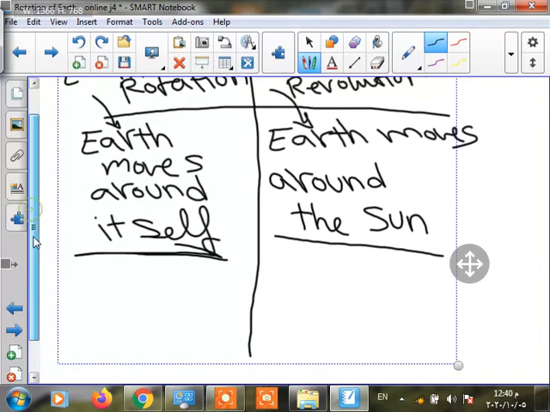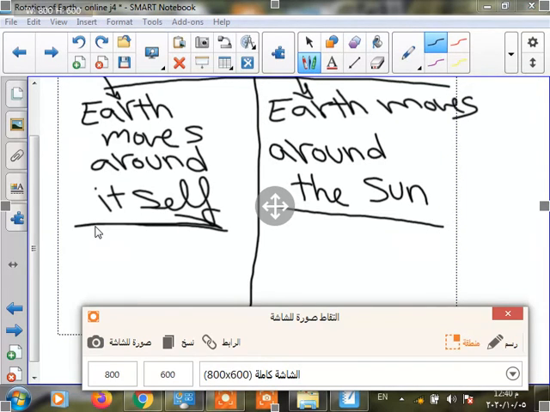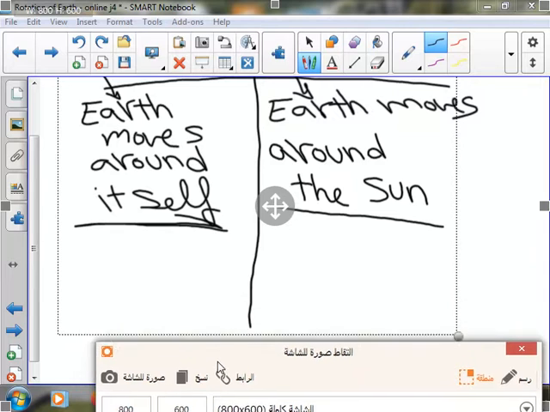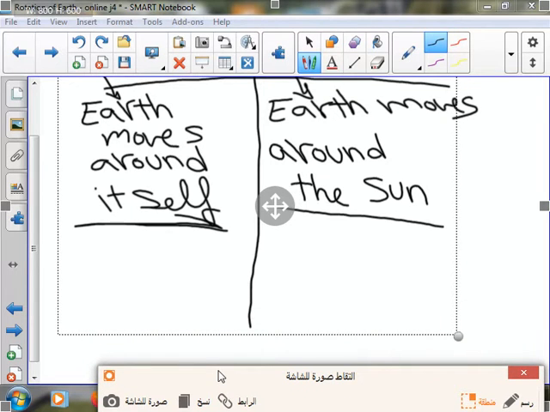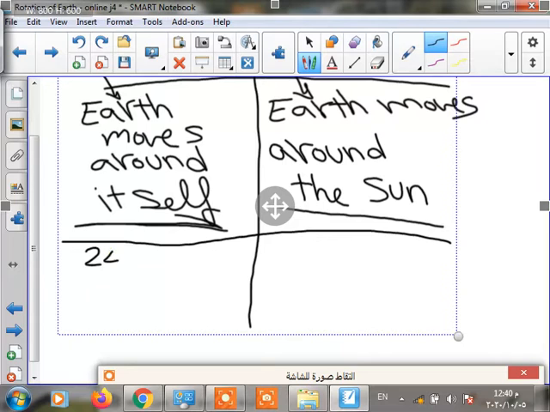Can you tell me or remember the time of Earth rotation and the time of Earth's revolution? Earth's rotation will take, yes, you remember, 24 hours, which equal 1 day.